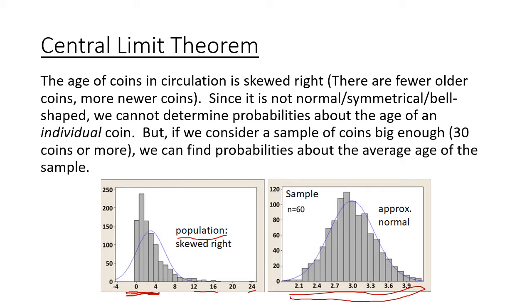And my peak is still at the same spot. But it gives me this normal shape as long as my sample is big enough. Now I chose a sample size of 60, which is, again, overkill. We only need to get our sample as big as 30. But again, that's the main idea. The average of those coins in your pocket will be normally distributed, will have that symmetric shape, even though the individual coins don't.